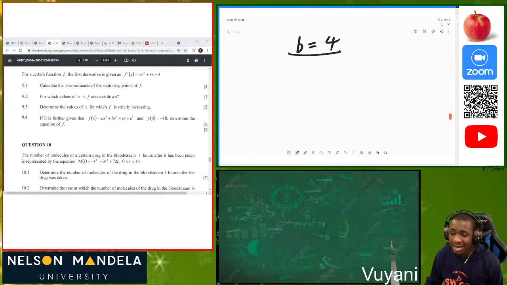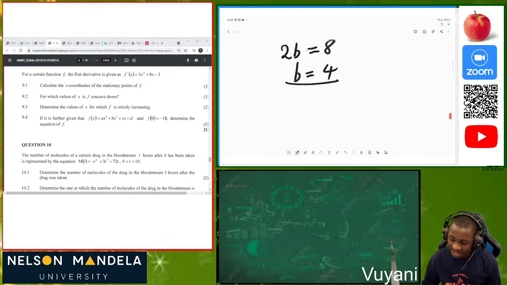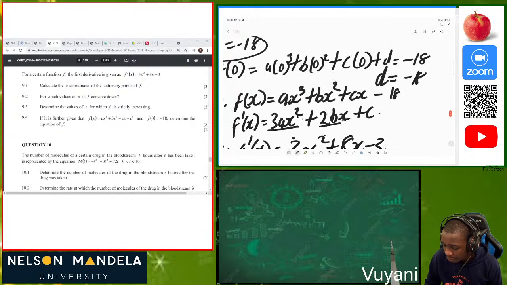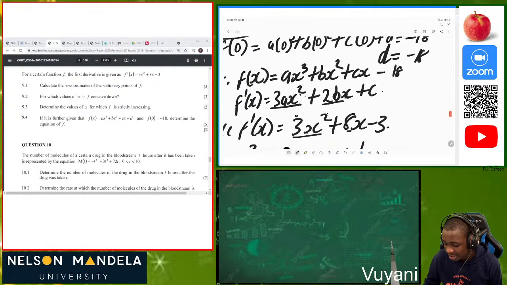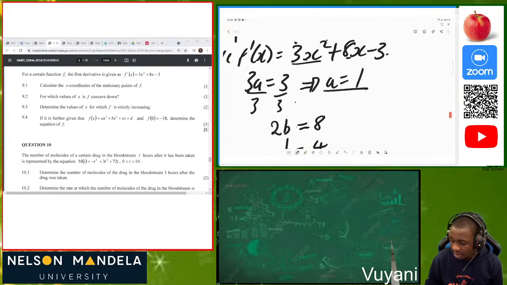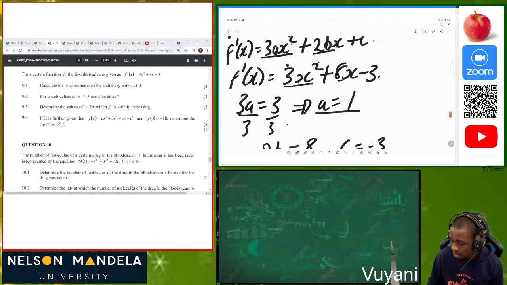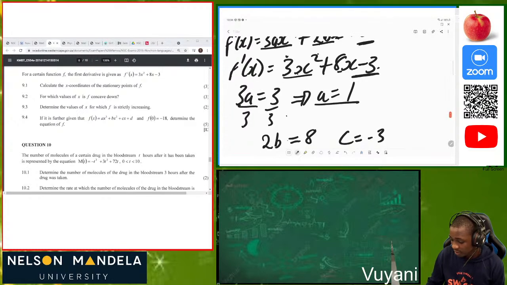We know a, we know b, we are only left with c now. So our value of c is easy like that. Our c will be -3. You see that? Our c will be -3.